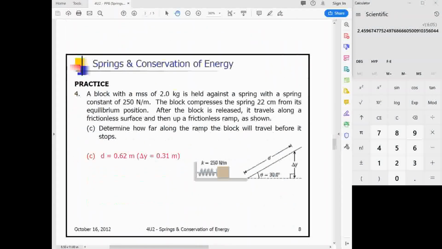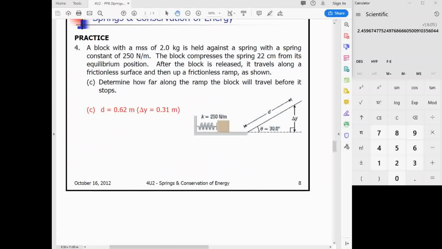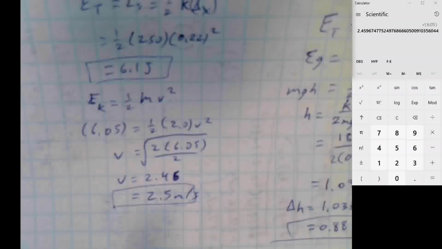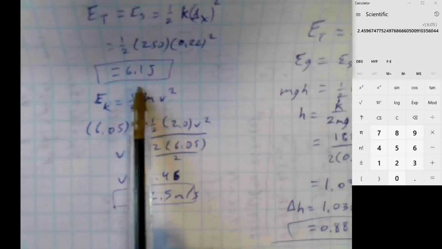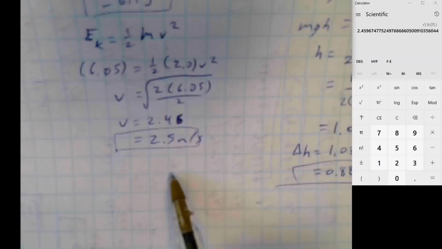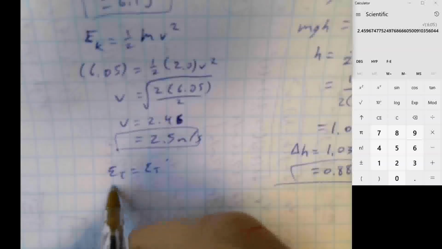Going back to the question, it says now determine how far along the ramp the block will travel before it stops. So this gets interesting now. We have to find out our height from this. If we had a potential energy before, and that turned into kinetic energy, that's now going to turn into gravitational potential energy as it slides up the ramp. So my ET before equals ET after. This was equal to my ES, which has to be equal to my EG.